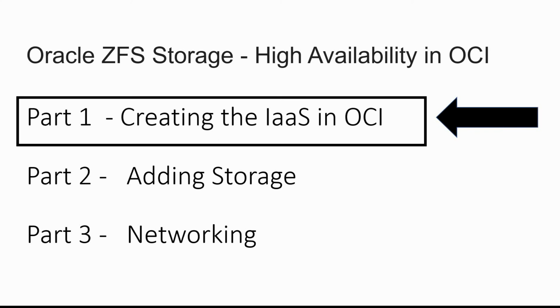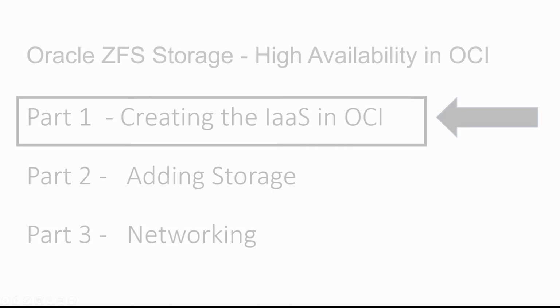Part two is going to be how to add storage and configure the storage on those ZFS appliances in OCI. And then the third part is going to be how to manage the networking because there are multiple networks that you would configure for clustering, for NFS mounting, for administration. So I'm going to start with the Oracle Marketplace.